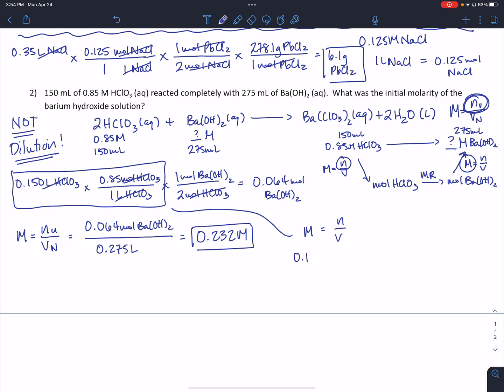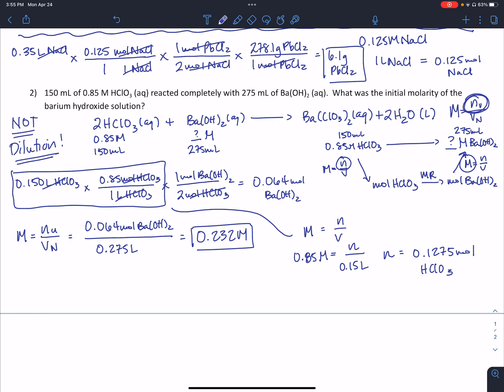If I know the molarity is 0.85 molar, and I know my volume is 0.15 liters, then the moles of that perchloric acid have to be 0.15 times 0.85. And I get 0.1275 moles of HClO3.